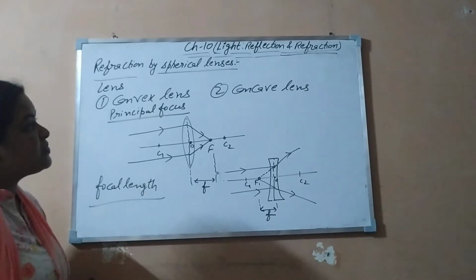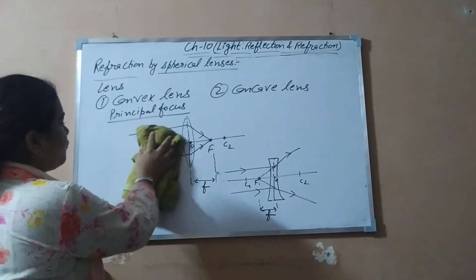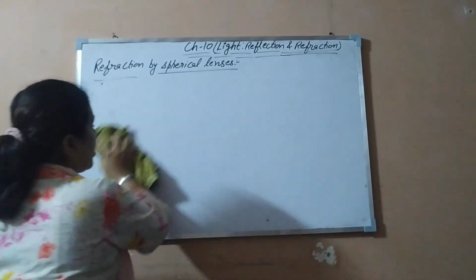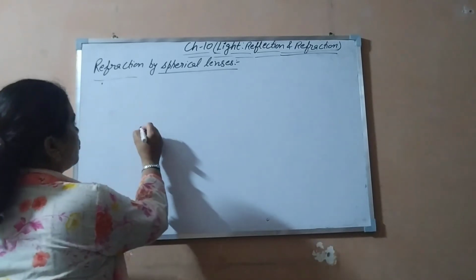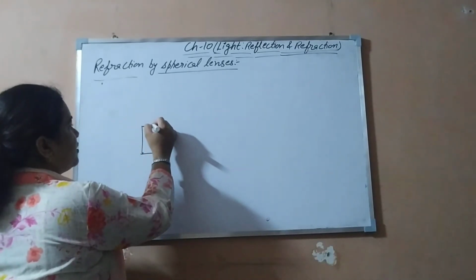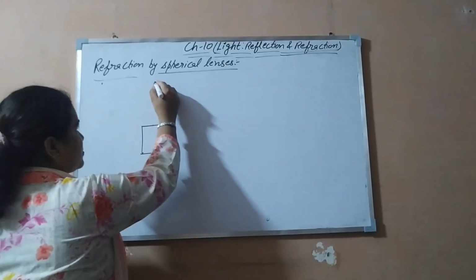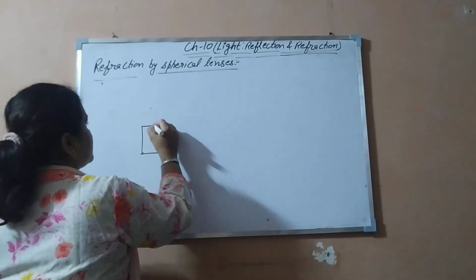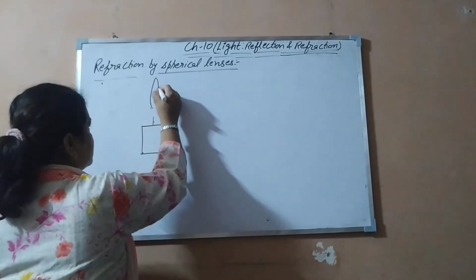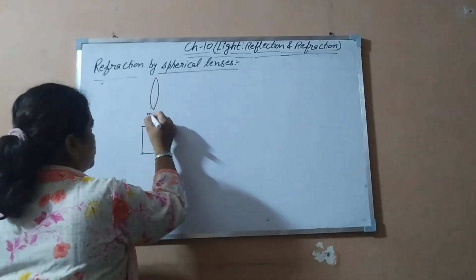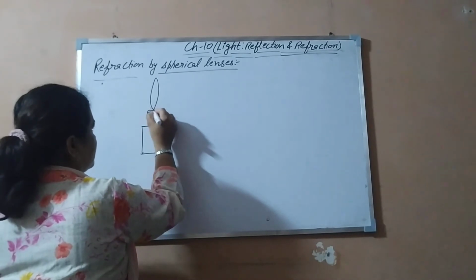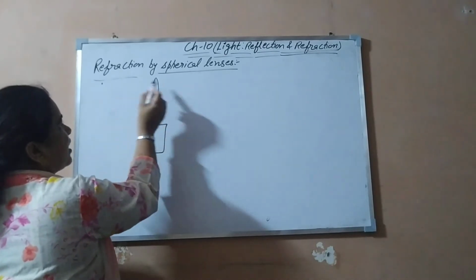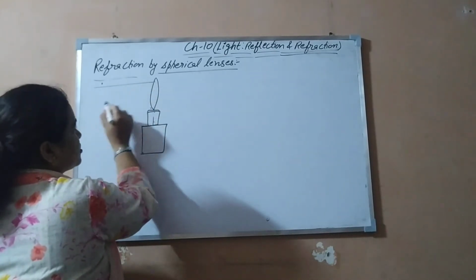Now let us do an activity related to this: how to find the focal length of a convex lens. How do we do that? First of all, we take a holder, and in this holder we fix the lens. In the holder we have fixed the lens, and on the opposite side we allow a number of parallel rays to pass through it.